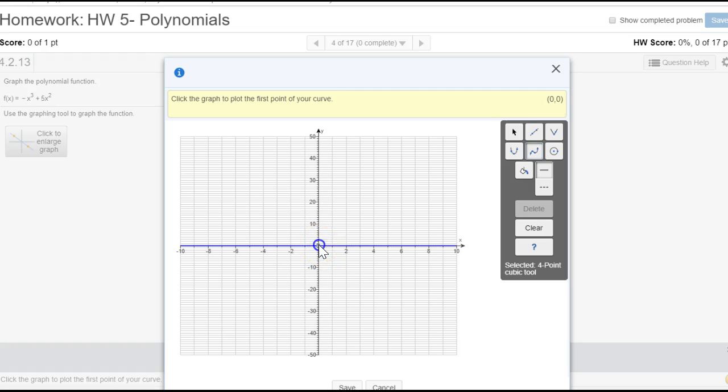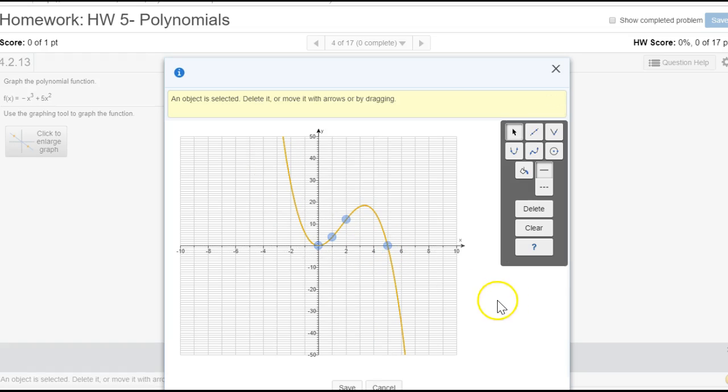So here's 0, 0, 1, 4, 2, 12. You'll notice up here it's giving you the point in the right corner. It's kind of hard to see, but you can use that as a guide. There's 2, 12, and then my final zero would be 5, 0. It figures out what the curve does as you plot the points.